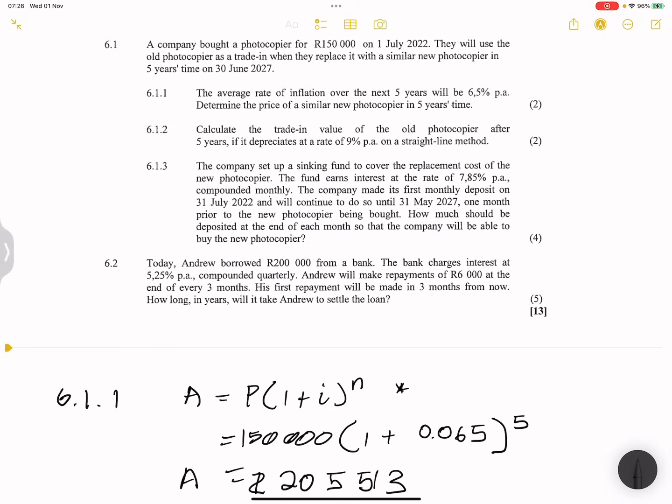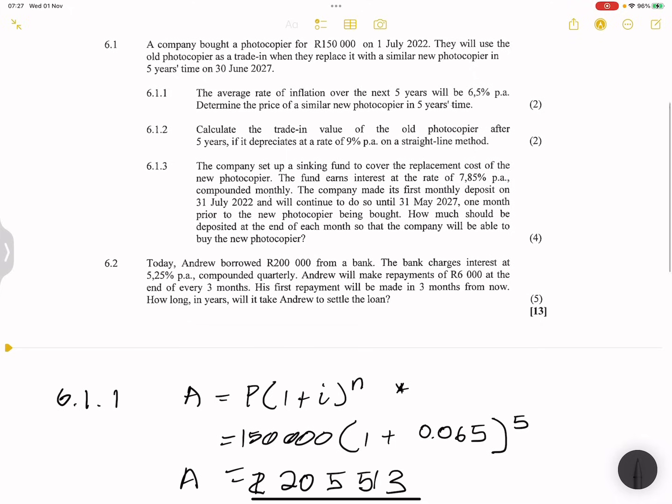The company made its first monthly deposit on the 31st of July, and will continue to do so until the 31st of May, 1 month prior. So you need to note that: this is 1 month prior to the new photocopier being bought. How much should be deposited at the end of each month so that the company will be able to buy the new photocopier?